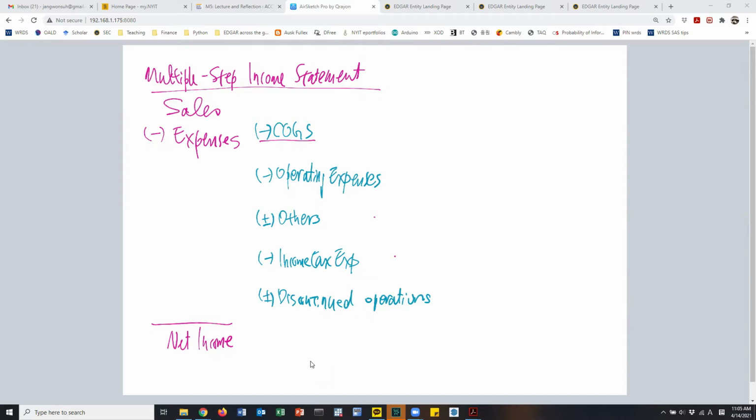But when you subtract manufacturing cost from the sales, that measure of profitability is called gross profit. And you subtract operating expense from gross profit, then that's called operating income.